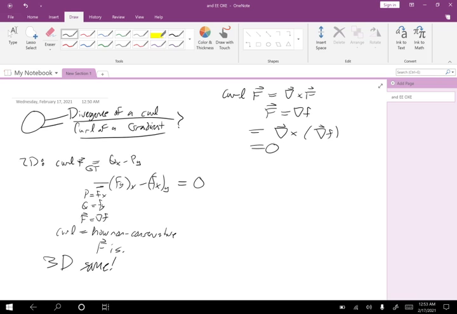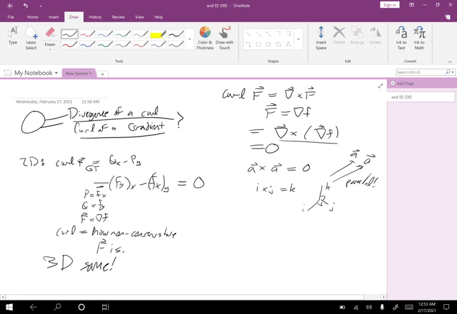Surely this has to be 0, right? Because we know that the cross product of two vectors has to be 0 if these two vectors are parallel. For example, i cross j, that's k, we should get something orthogonal when we take the cross product.